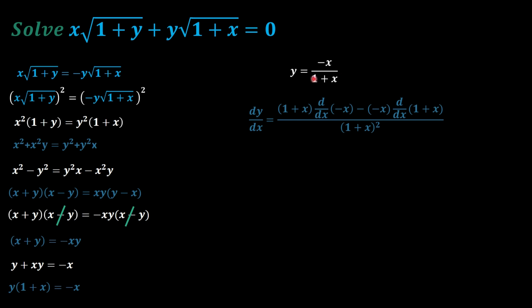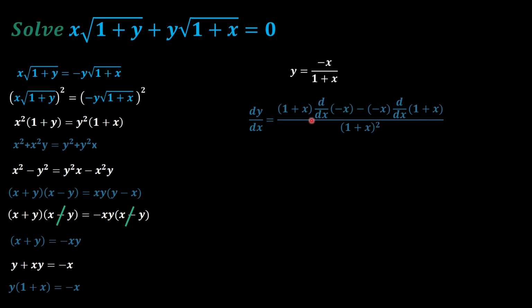We apply derivative on the numerator −x, and as per the quotient rule formula, we leave −x and apply derivative on 1+x, and the denominator (1+x) will convert into a square form.